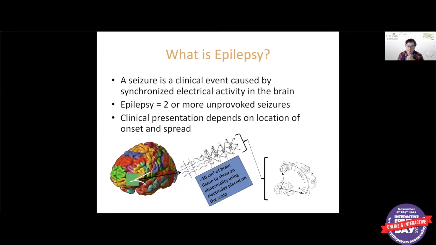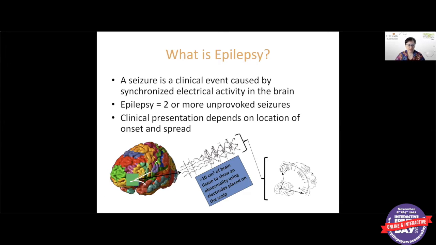And the way each person's seizures look, or sometimes people can have several different types of seizures, the way that seizure looks or the clinical presentation really depends on where the seizure is happening in the brain or where that electrical activity is occurring that's abnormal.